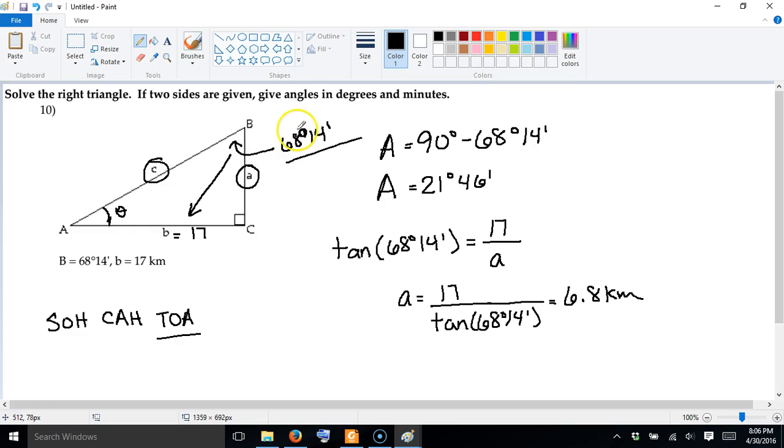Now again, with this given angle right here, this is my opposite and this is my hypotenuse. So opposite and hypotenuse, I'm going to use my sine function.